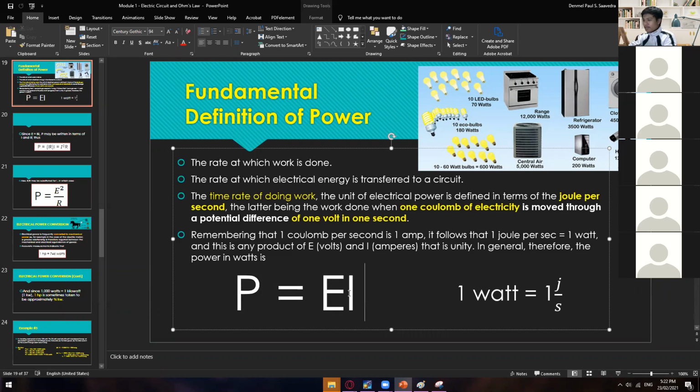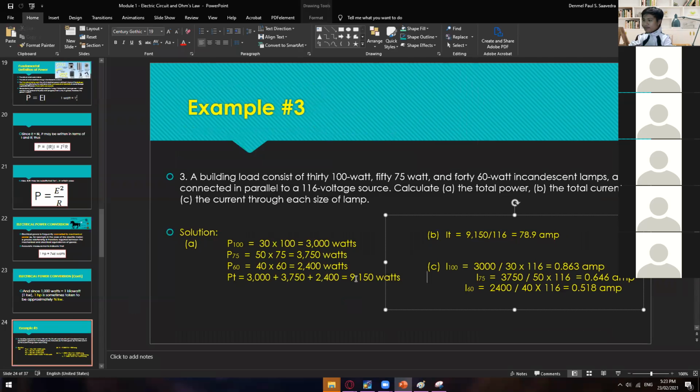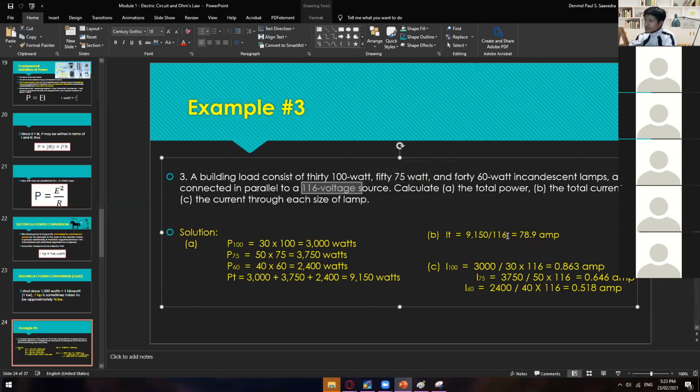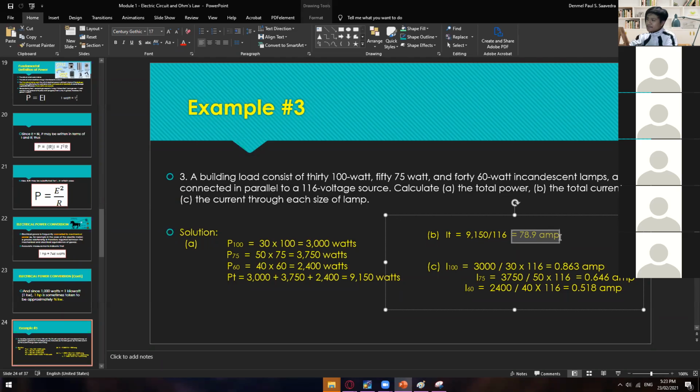So from there, we can already solve your current. We have the power, which is 9150 watts. So just put that one here and then divide it by the voltage source, which is 116 volts. Put this into your calculator, then you will get 78.9 amps.